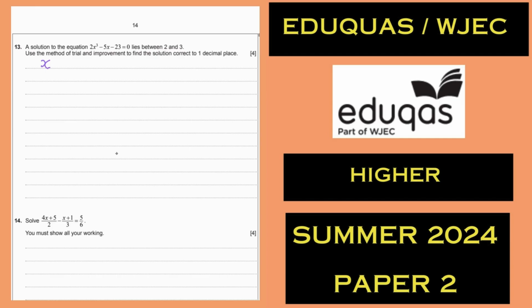Being told that the solution is between 2 and 3, you've got to go 2.5. Sub it in. Use your brackets on your calc. Fortunately, it's not a negative. And you should get your output to be minus 4.25-ish. That means, because it's below, it's too small, I went to 2.7 next.